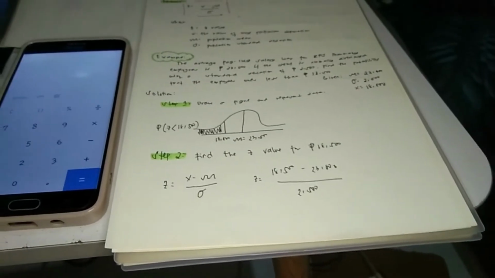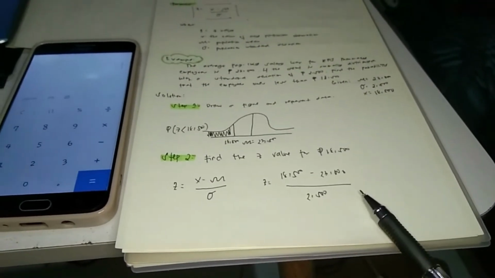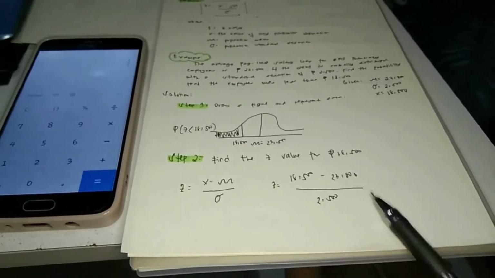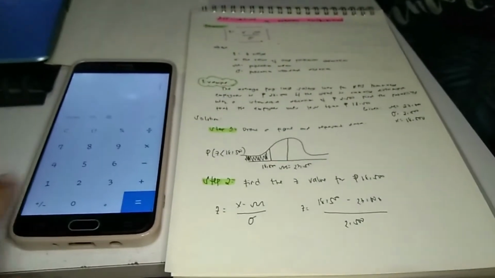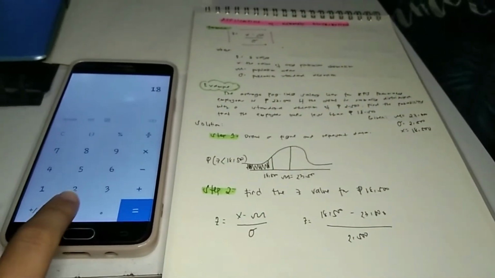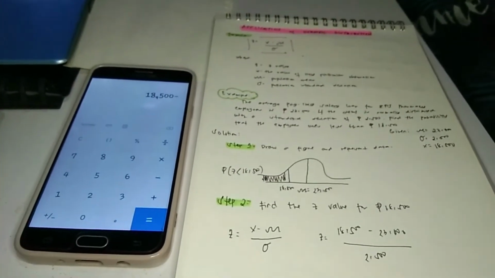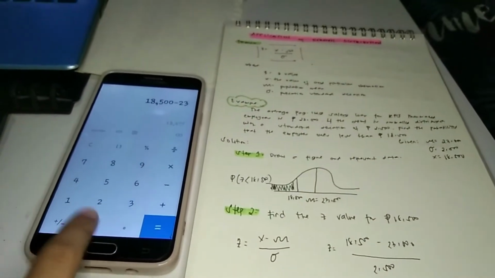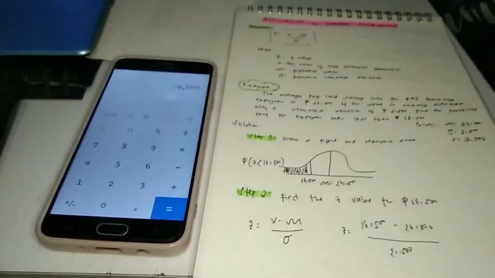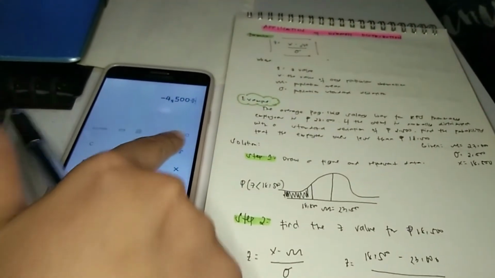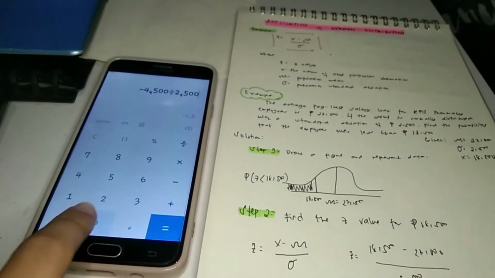Dito kahit anong calculator pwede gamitin, cellphone or scientific. 18,500 minus 23,000 equals negative 4,500 divided by 2,500.